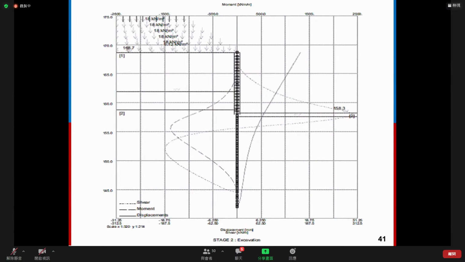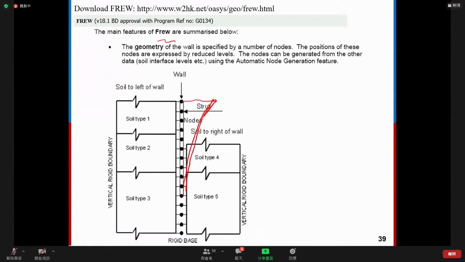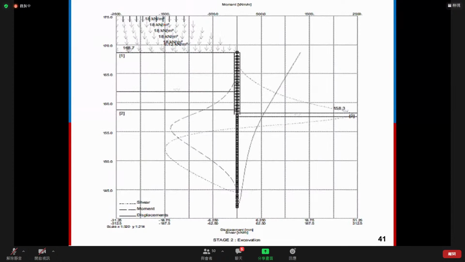So here you can see this is the result from this software, Flu software. And this is the retaining wall. And here we have soil here. Here we have excavation.